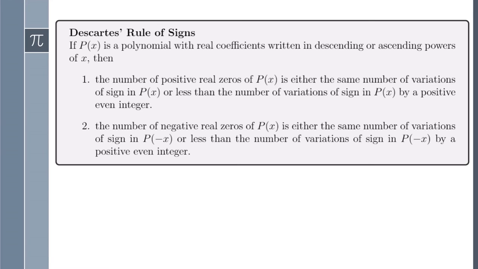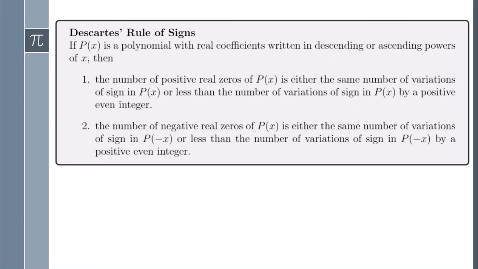So for example, if we have three variations, then we count down by 2. So 3 or 1. If we have 5 variations, then we say 5, 3, or 1. If we have 6 variations, we say 6, 4, 2, or 0. So we'll count down by 2. Okay, so that many possible positive zeros we'll have.